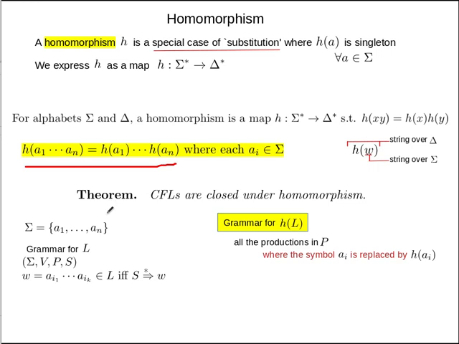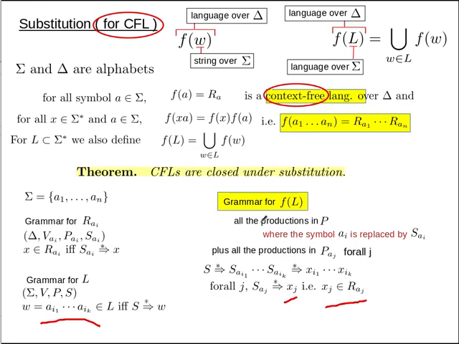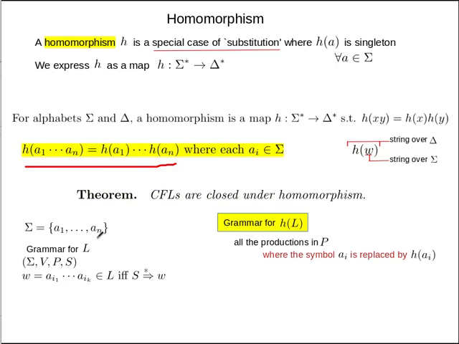So it is clear from the previous proof that CFLs are also closed under homomorphism. If you see this construction, we were replacing this Ai with the start symbol and then including all the productions for R_Ai. Here the construction will be much simpler. We just take the productions for L. So again, what is h of L?